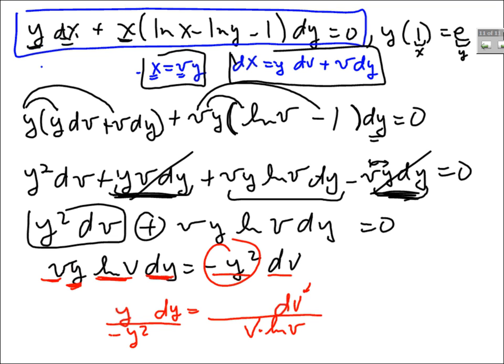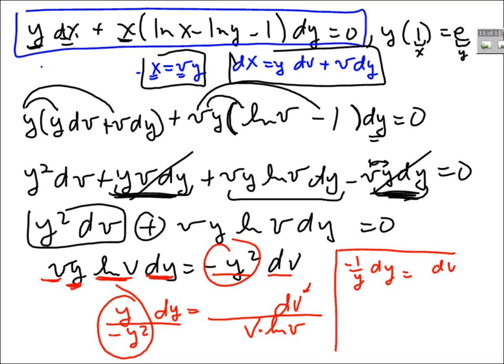Now, this is what I get here. So let me just write in here. That's going to be negative 1 over y. We have negative 1 over y dy, and this is equal to dv over v times ln of v.